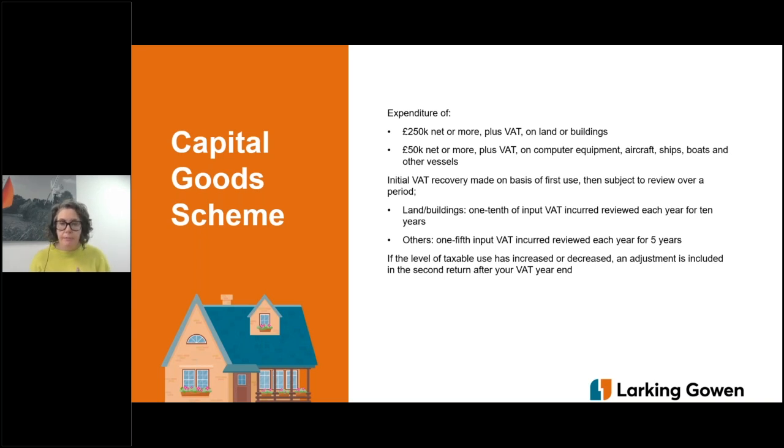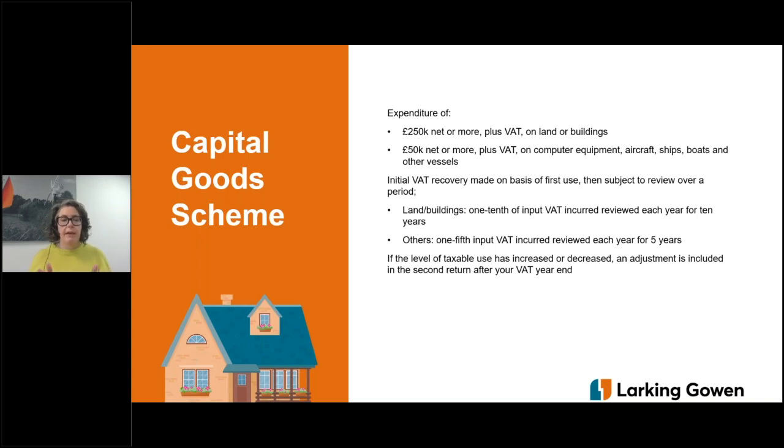But then you're going to have to review the use of that capital goods scheme item for a period of time. So for land and buildings, we're going to review 1/10 of the input VAT that you've incurred every year for 10 years. For the other sorts of capital goods scheme items, we're going to review 1/5 of the input VAT that you've incurred every year for the next 5 years.